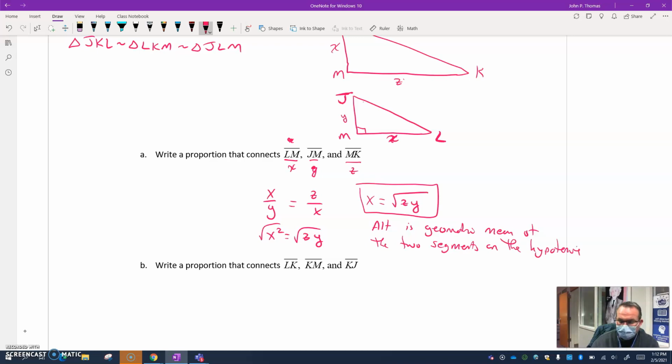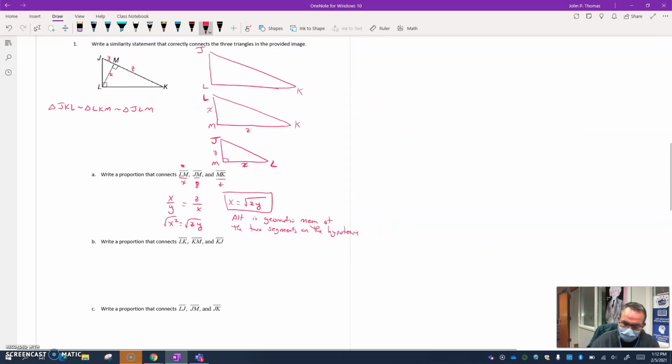All right, and this is going to be one of our shortcuts that we use, and it really is a shortcut. All right, now the next one asks me to set up another ratio.